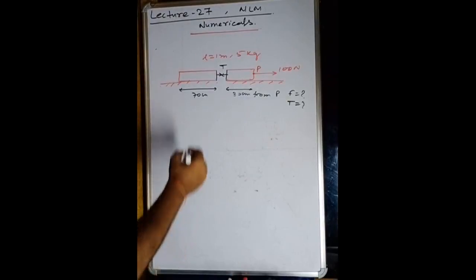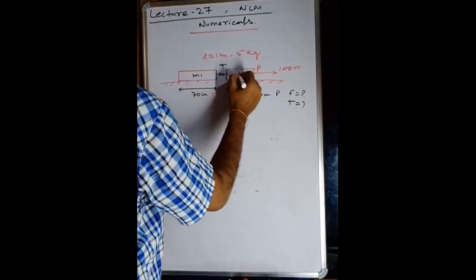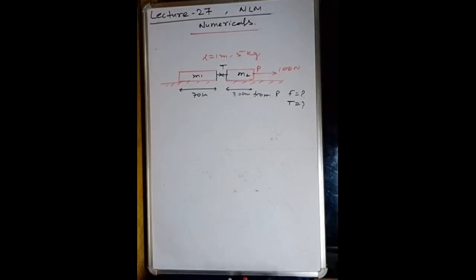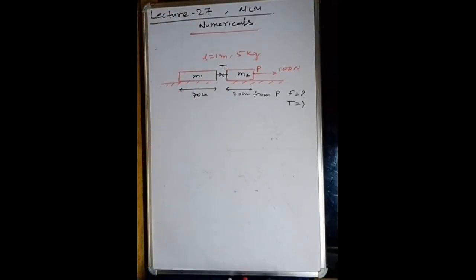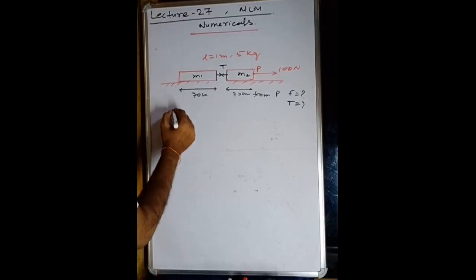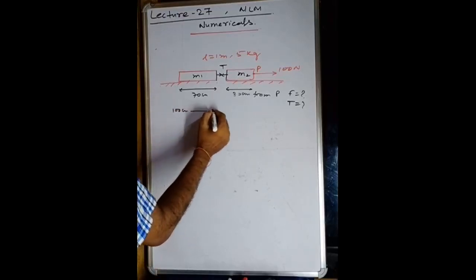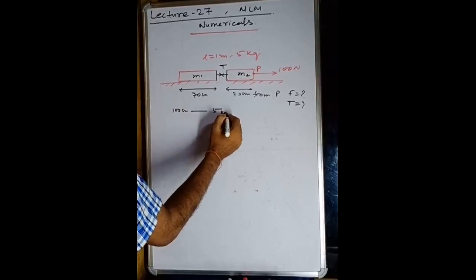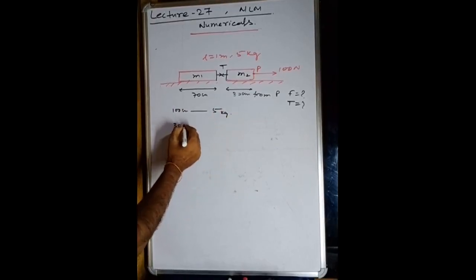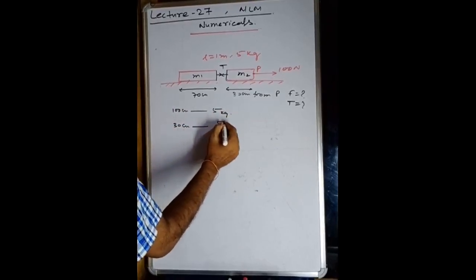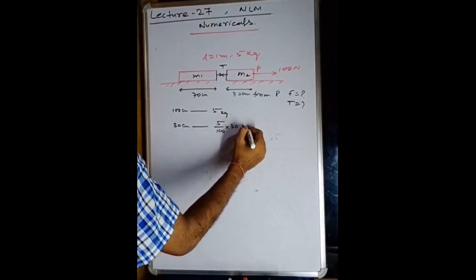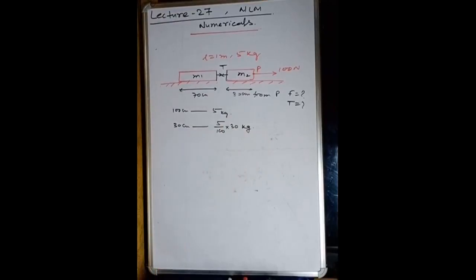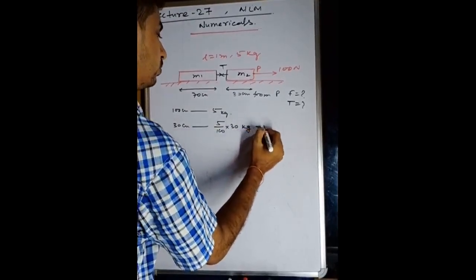Now you have two bodies, M1 and M2. But you don't know the masses of M1 and M2. So try to find them using proportionality. If for 100 centimeter the mass is 5 kg, then for 30 centimeter it will be 5 by 100 into 30 kg. I hope you got it. This is the value of M2.